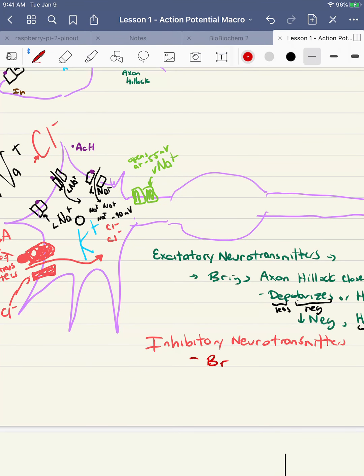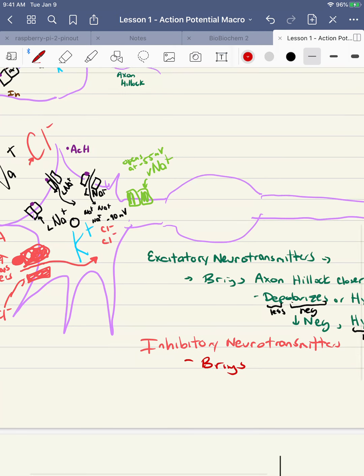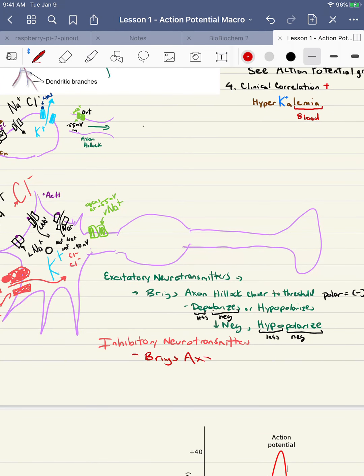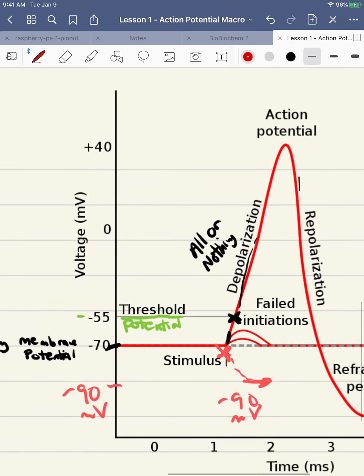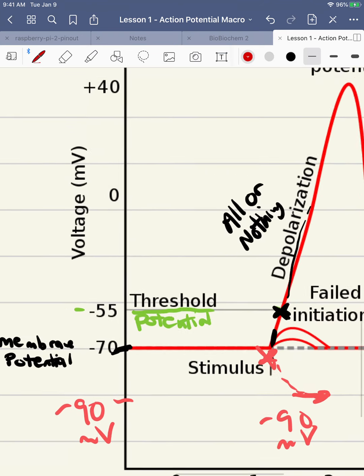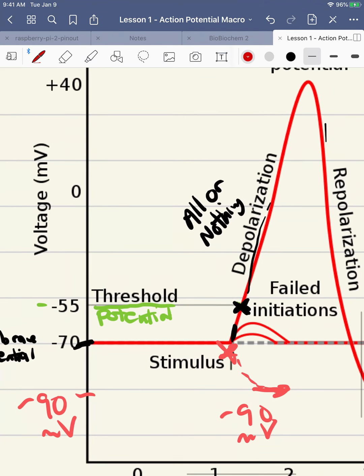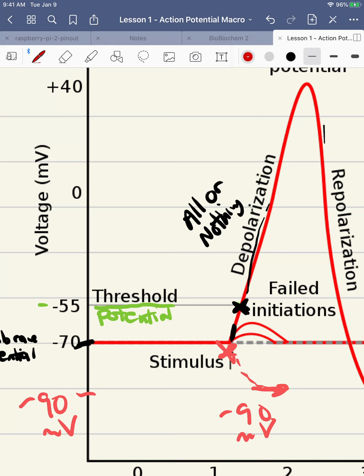So if we look over here, inhibitory neurotransmitters bring the axon hillock away from threshold. In other words, this is threshold in green. We hang out at negative 70 millivolts.